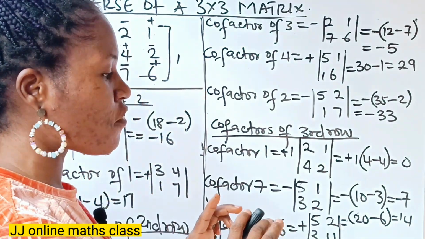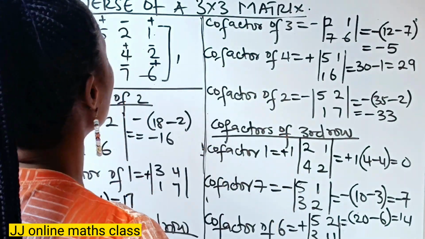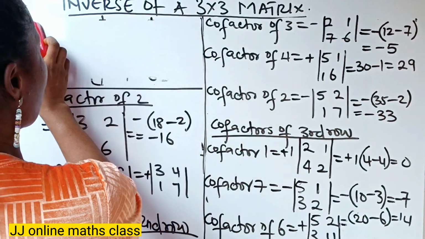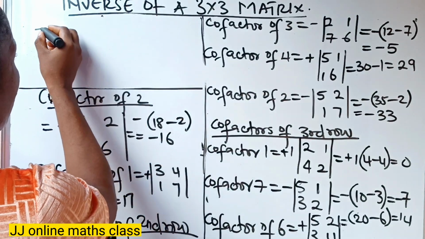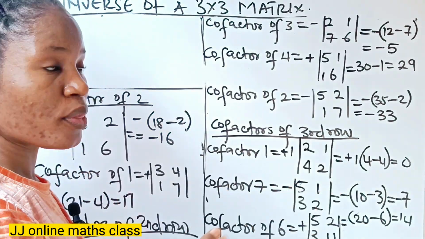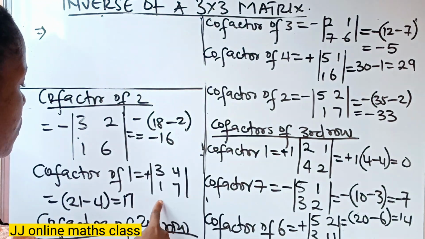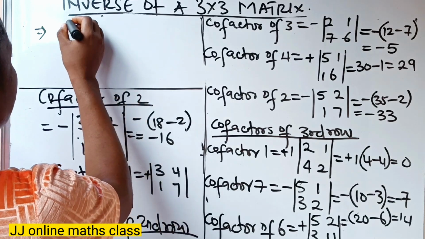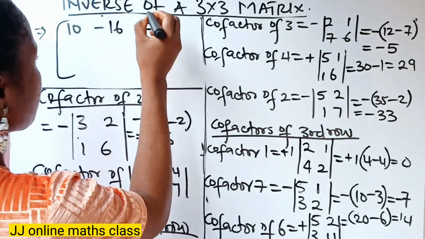14. Now it is time for us to form what? A matrix of all these cofactors. See what I mean? So the cofactors of our first row is what? 10, then this minus 16, and this 17. So we are going to write 10, minus 16 and 17.